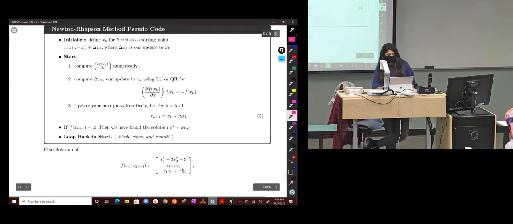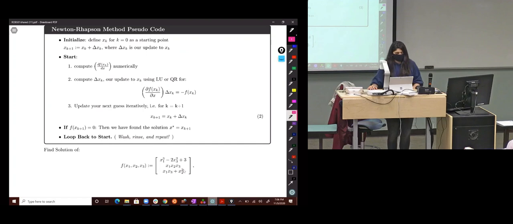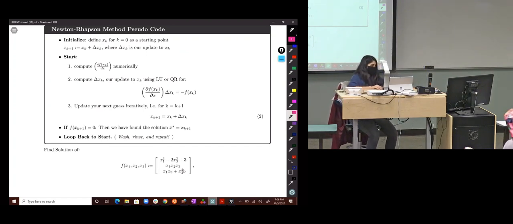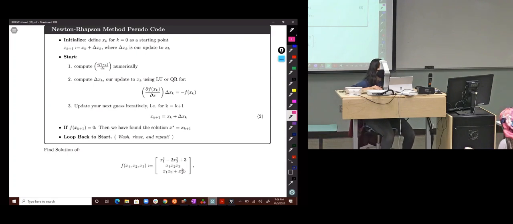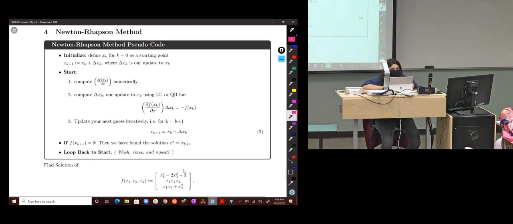So, Newton-Raphson is basically the vectorized solution of our Newton's method. Again, our update rule is x_{k+1} is x_k plus delta x. There are 3 steps to do.